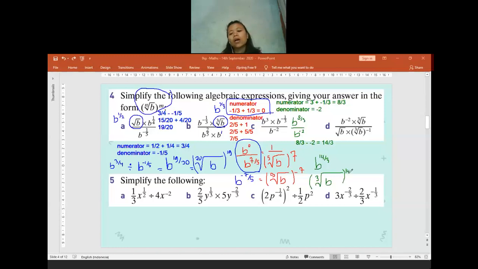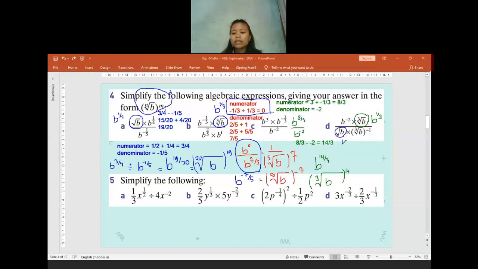Let us move to question D. For question D, same thing. We have to simplify it one by one. For cube root of b, I can change it into b to the power of 1 per 3. And for square root of b, we can change it into b to the power of a half.